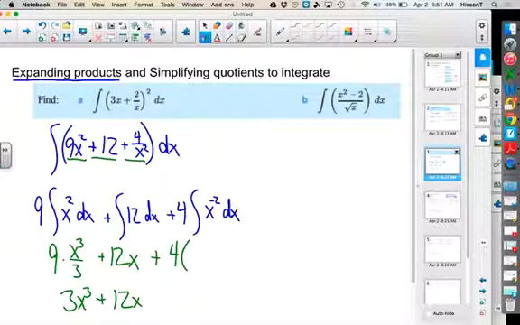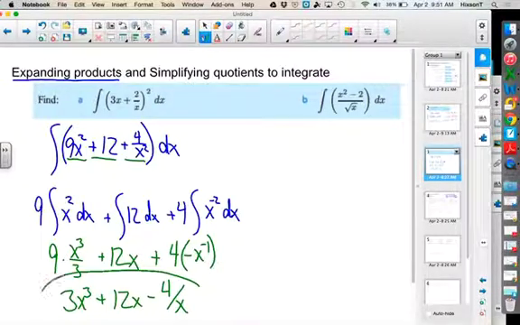Negative 4 over x. The x to the negative 2, add 1 and you get x to the negative 1, divided by the negative 1 is a negative x to the negative 1, and that does give us a minus 4 over x. So that would be plus C. That would be our final answer.